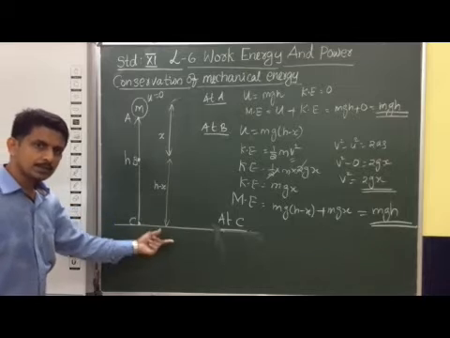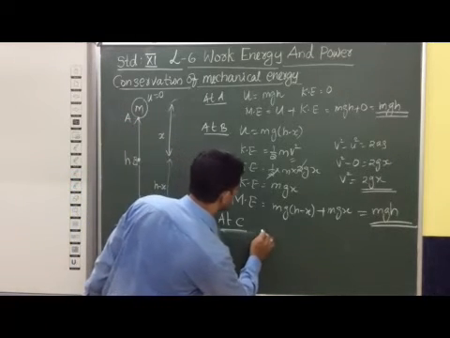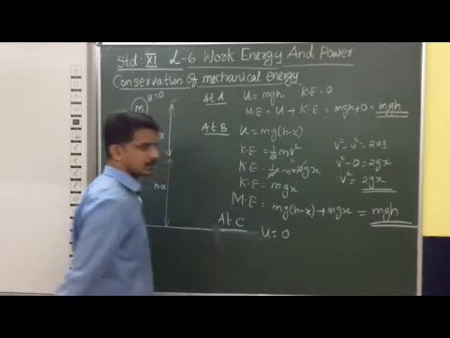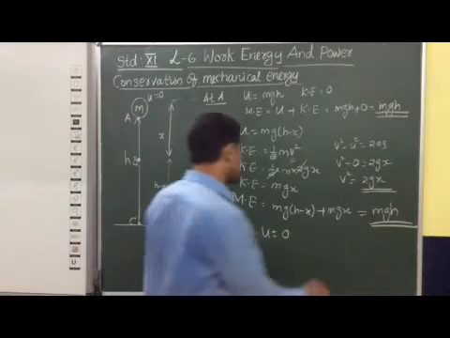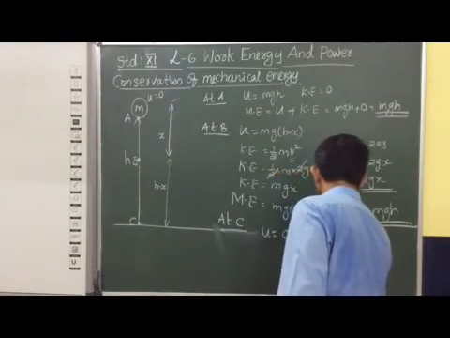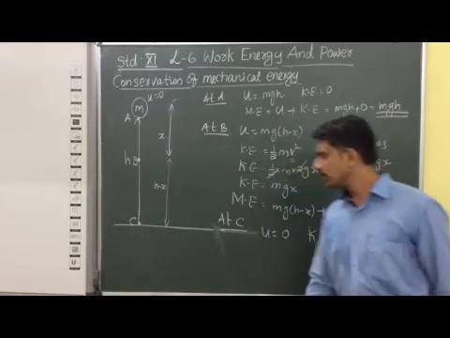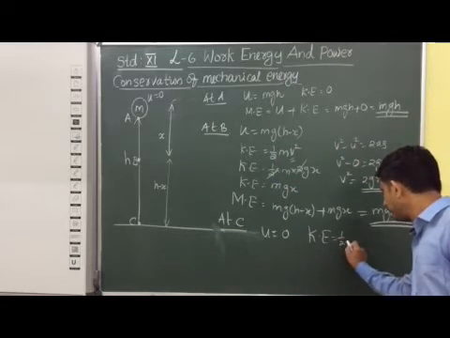It is just reaching the ground, so the height is 0 and the potential energy is 0. Now we calculate the kinetic energy at this point, which is half mv square.